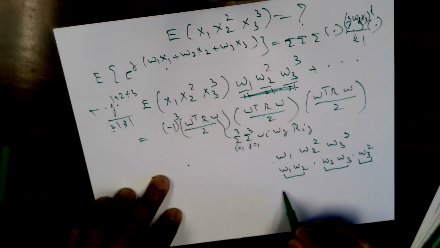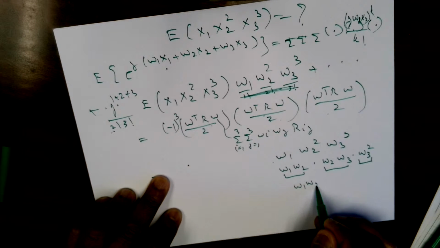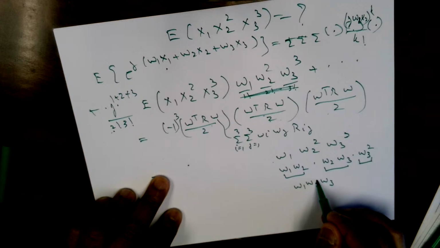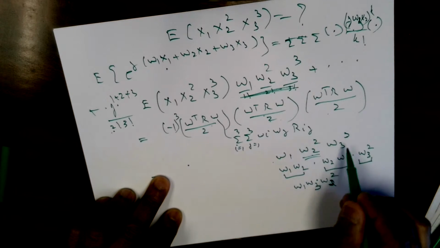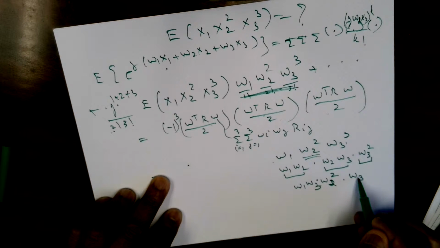So that's how we know we need to bring in three terms. And another possibility is omega 1, omega 2, omega 3, omega 1, omega 2. Then you have omega 2 squared, omega 2 squared. So this is omega 1, omega 3, and then omega 3 squared.